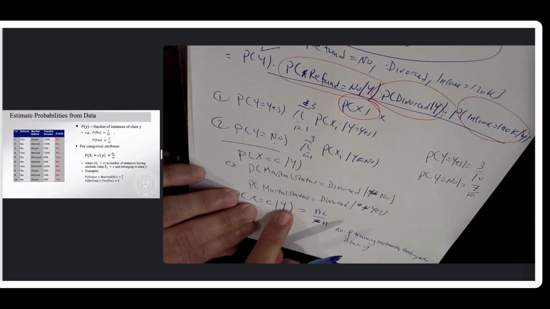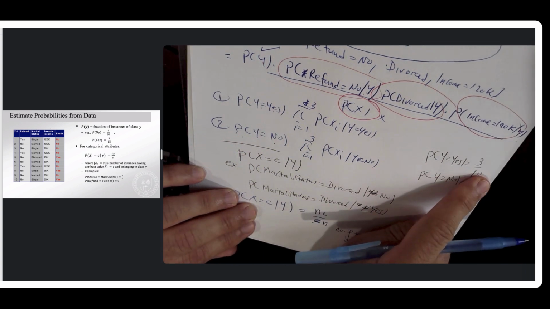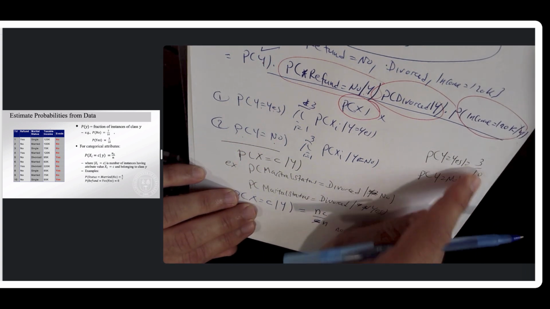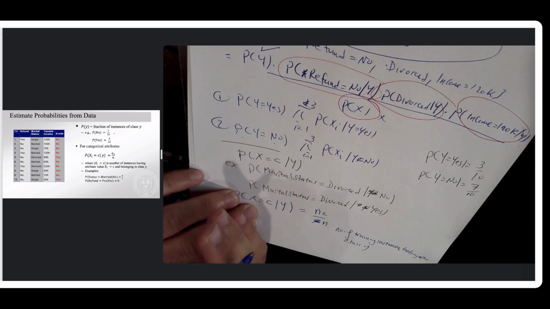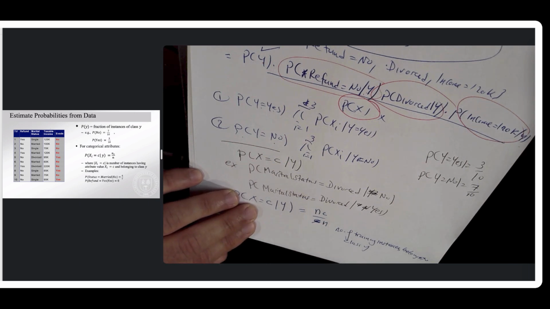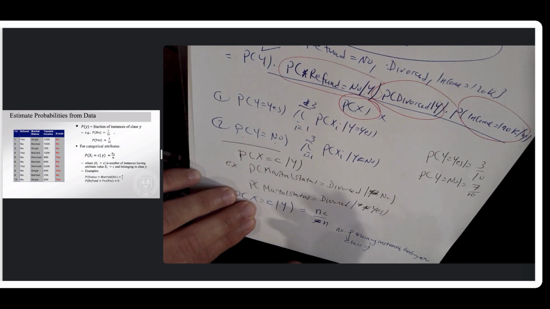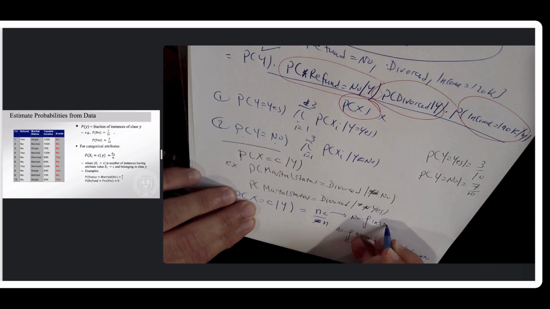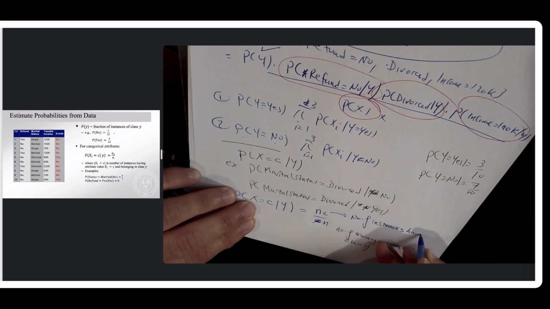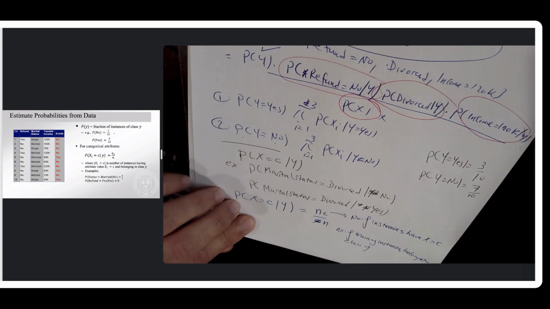For yes, we have only 3 instances. For no, we have 7 instances that have that class label. Among them, how many have the specific value c? Out of them, nc is the number of instances that have x equal to c.